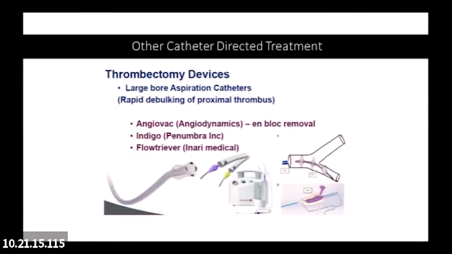There are other catheter-directed treatments. Those are large bore aspiration catheters, including AngioVac, which we do occasionally here, and also Penumbra and FlowTriever. All of those are advanced treatments for acute PE.